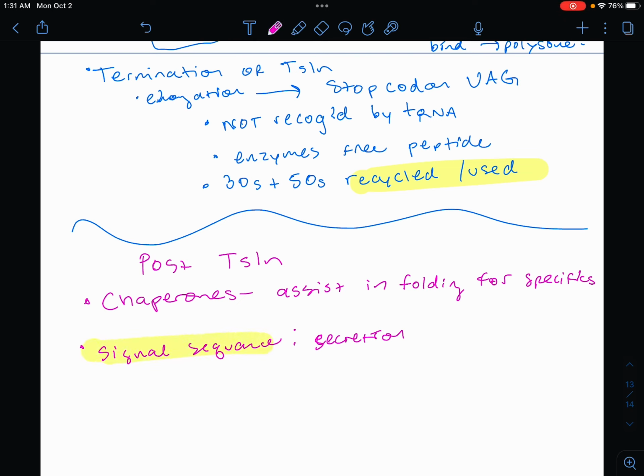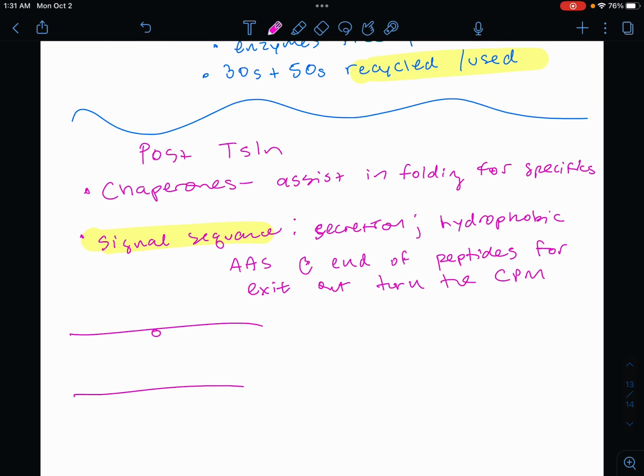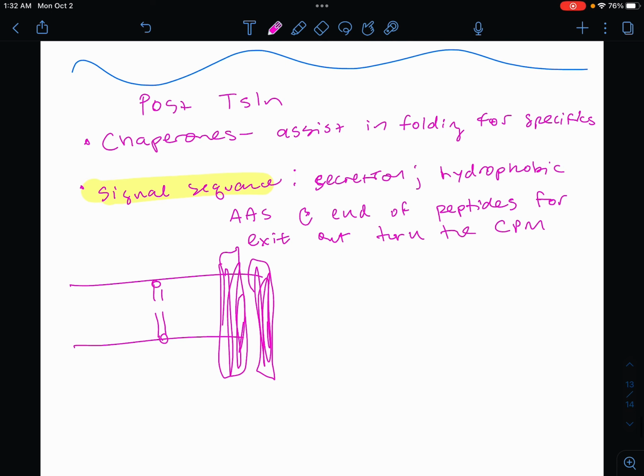Okay, so we're going to have this region of hydrophobic amino acids that will be at the end of polypeptides for exit out through the cytoplasmic membrane. Okay, so if we have our membrane here, again, the polar heads, the tails, yada yada yada, gonna have this kind of a channel looking protein here in the middle.